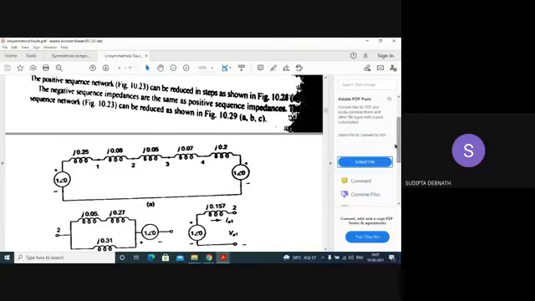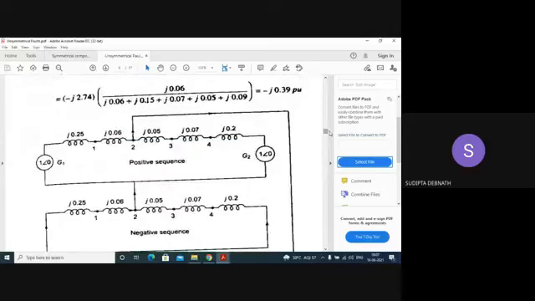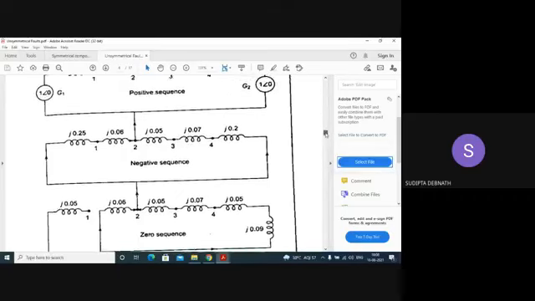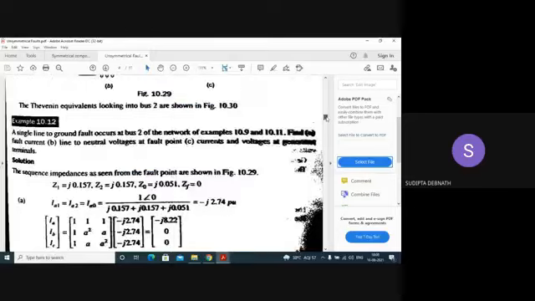So find out how the sequence network looks. It looks like this one. Understand, the fault has occurred from here to here. This is the reference, and it is connected here again to point 2. Why point 2? Because the fault has occurred here. You can see that positive and negative sequence networks are exactly the same except the source is not there. For zero sequence, we have already seen what it is.